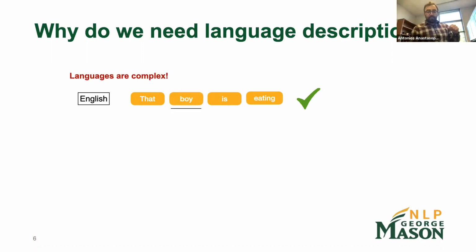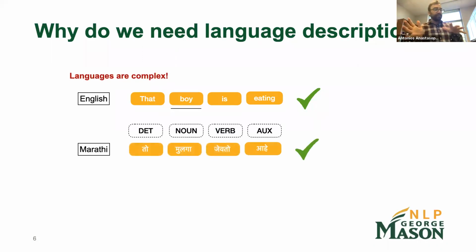Then let's take that sentence and let's see how that sentence looks in Marathi. Okay, I don't speak Marathi, but my student Aditi told me that this is pronounced to mulga gefto ahi. And you'll already notice some differences with English. The auxiliary and the main verb are swapped in their order.